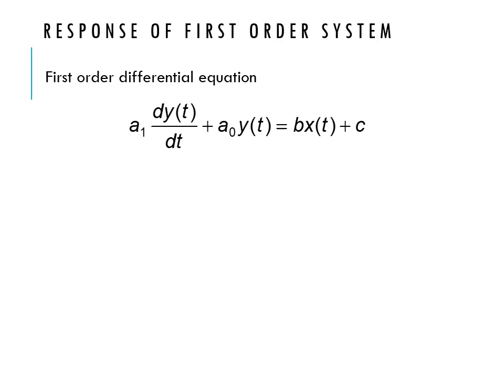So given the first order differential equation as follows, a1 dy(t)/dt plus a0 y(t) equals b x(t) plus c, where y(t) is the output or dependent variable, x(t) is the input variable, t is time, the independent variable, and the parameters a1, a0, b, and c are constants.